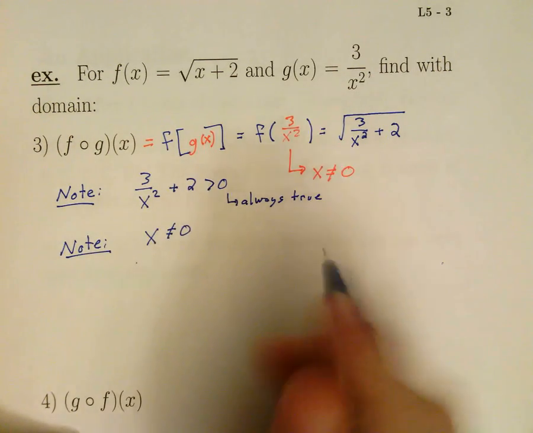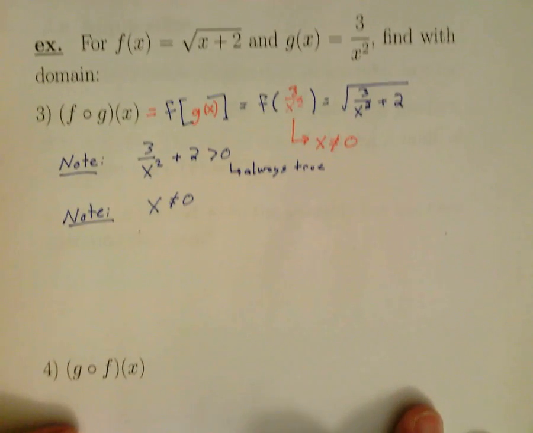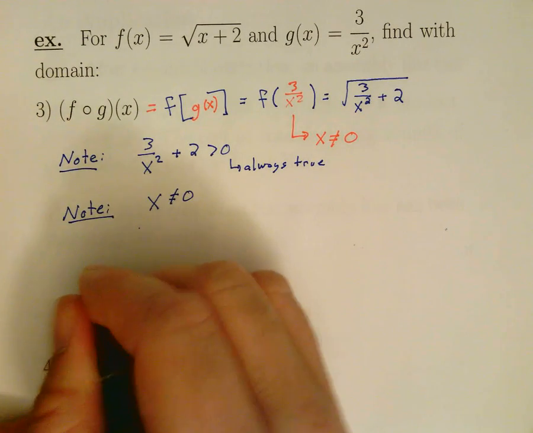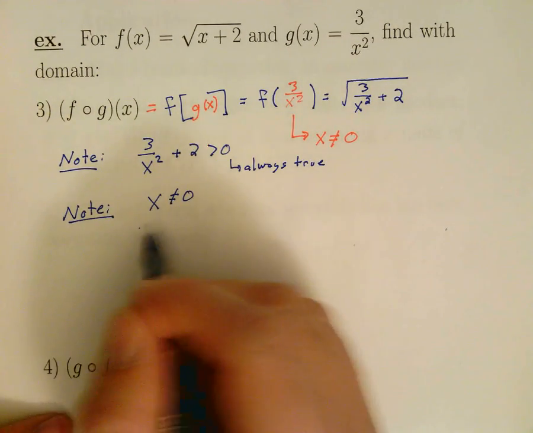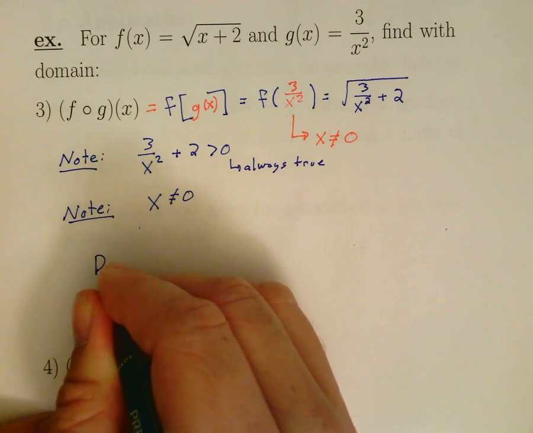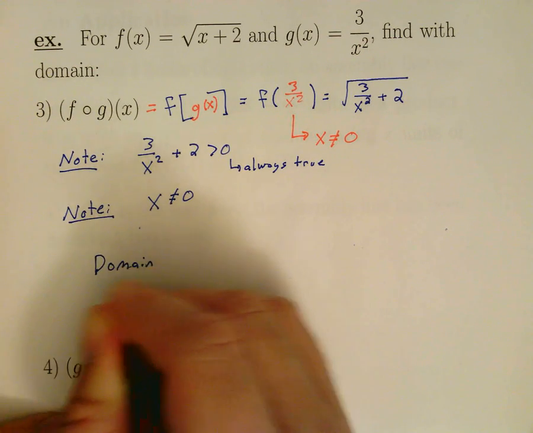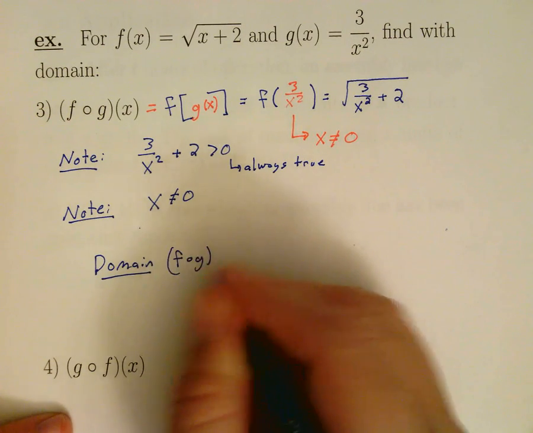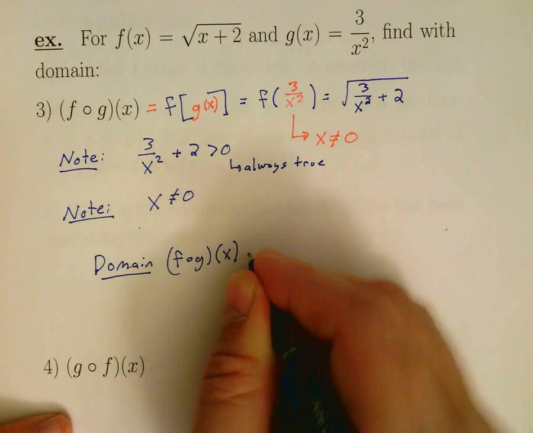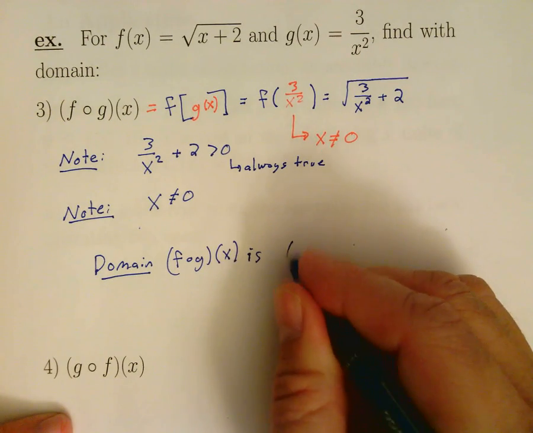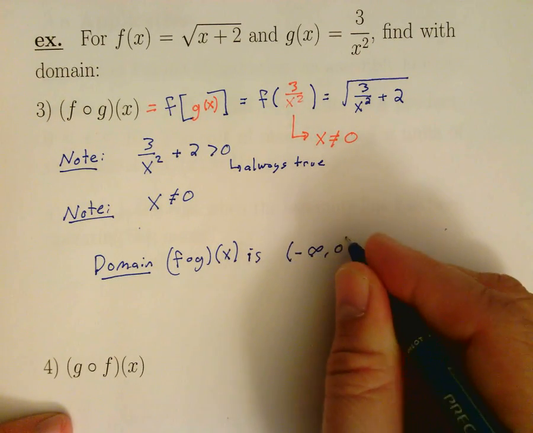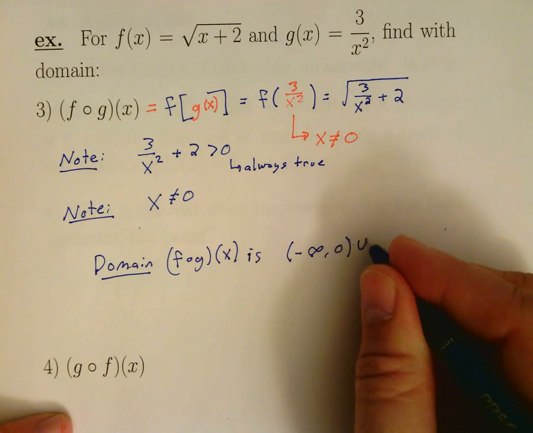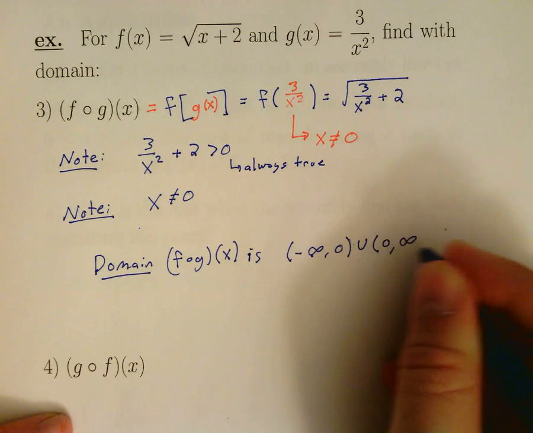So that's always greater than 0. So our domain for this is going to be everything that's not 0. So the domain of f composed with g of x is going to be negative infinity to 0, not including the 0, union 0 to infinity.